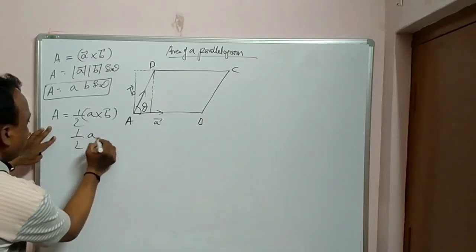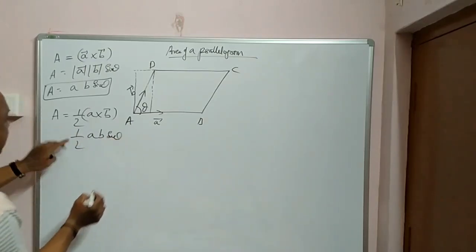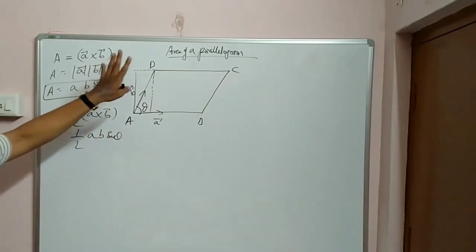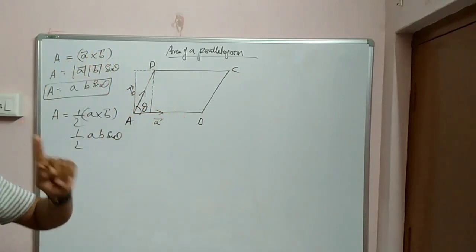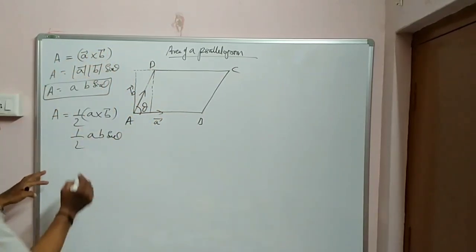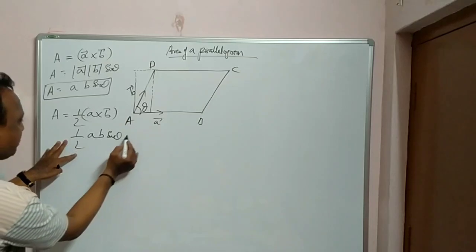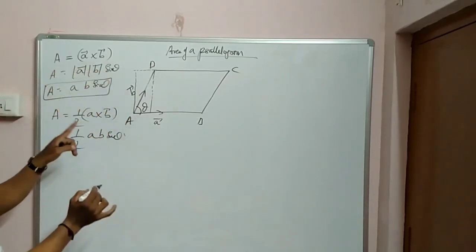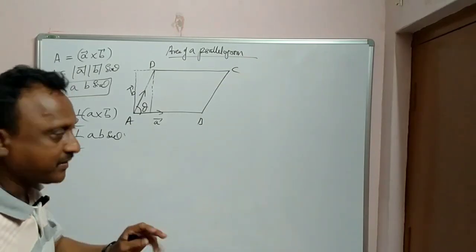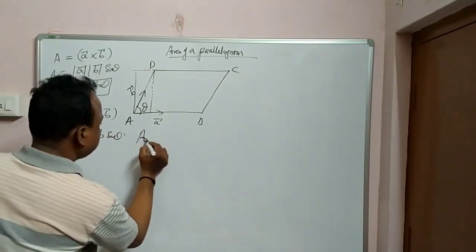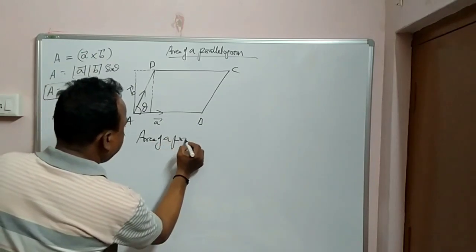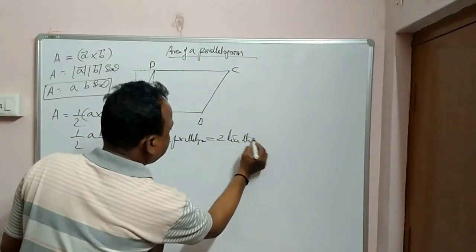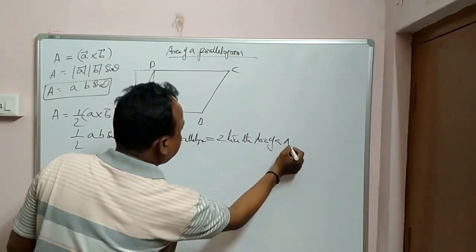If you multiply this one by 2, you will get the area of the parallelogram. That means the area of a parallelogram is nothing but 2 times the area of a triangle.